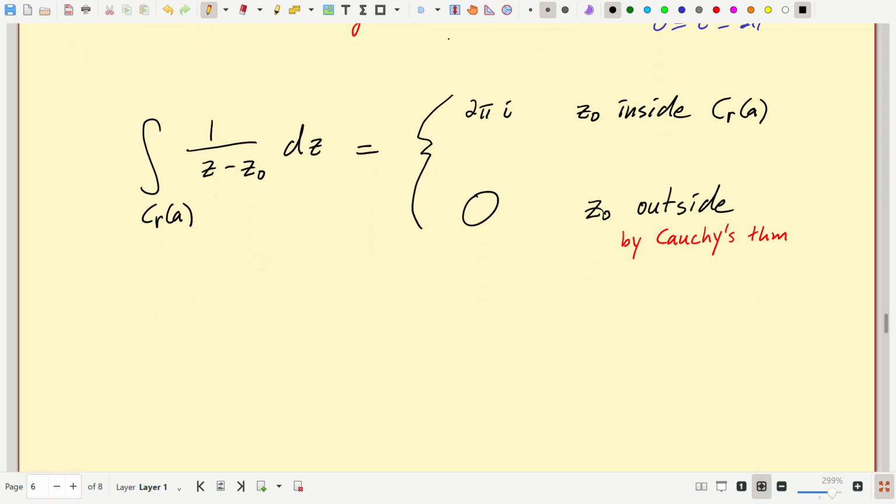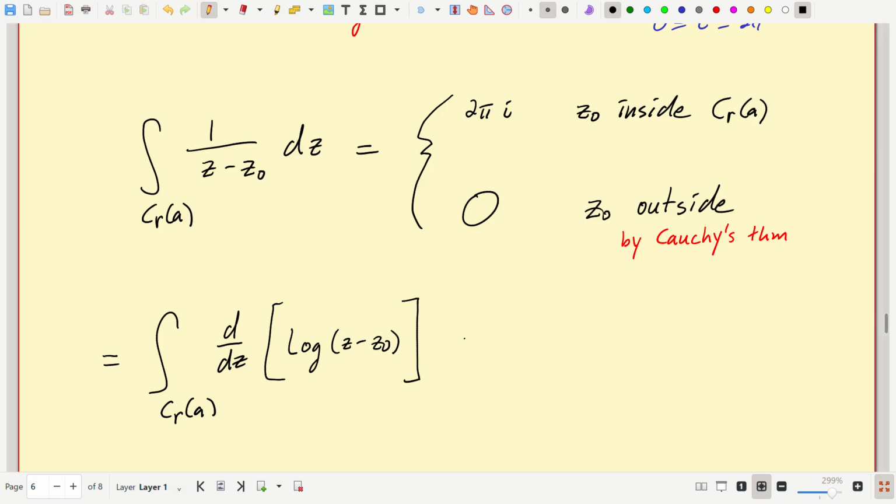And so I can calculate this thing as the integral of d by dz of the principal branch of log of z minus z naught dz, and I'm going to take a limit here as A epsilon goes up and B epsilon goes down.